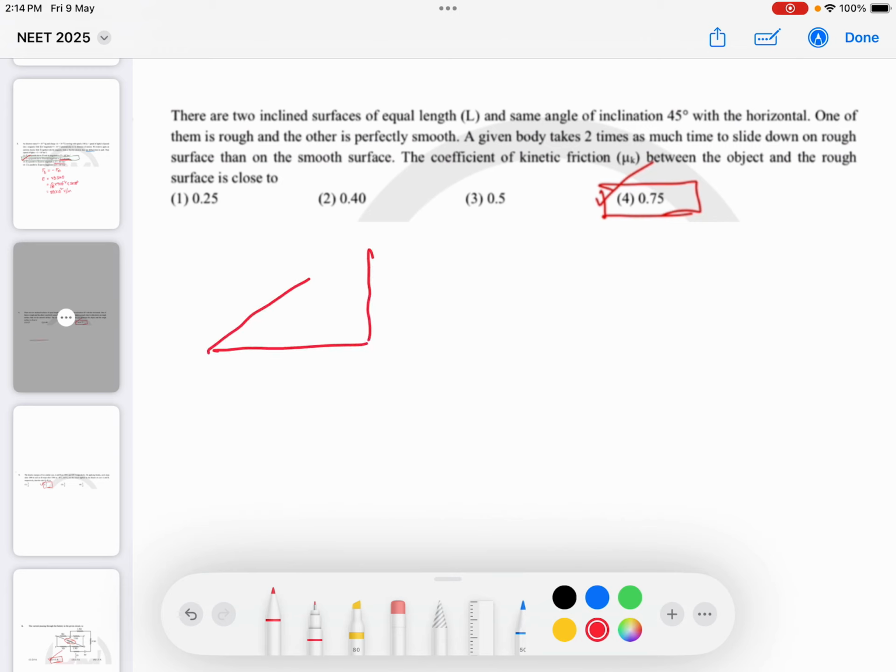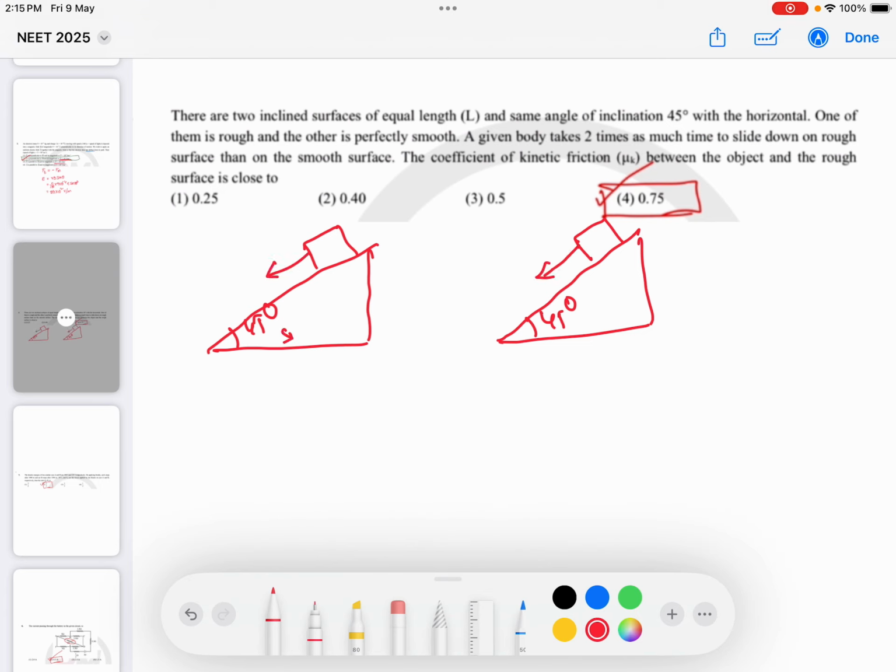So according to Newton's laws of motion, you can take 2 surfaces. One is the inclined plane, another is also an inclined plane. This is making an angle of 45 degrees, here also making an angle of 45 degrees. Suppose the body is here, which slides down.